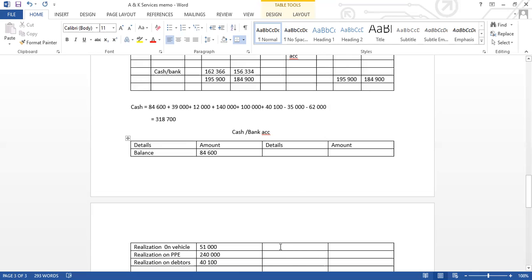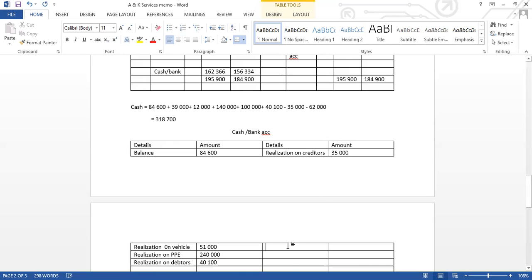And then on the credit side, we paid off our creditors. So realization on creditors will be 35,000.